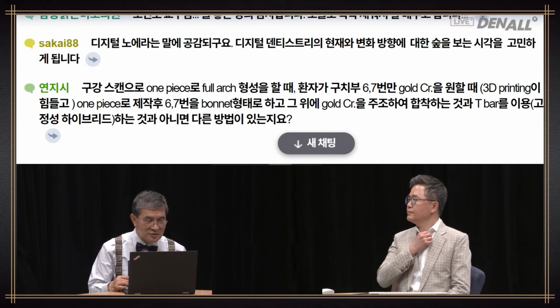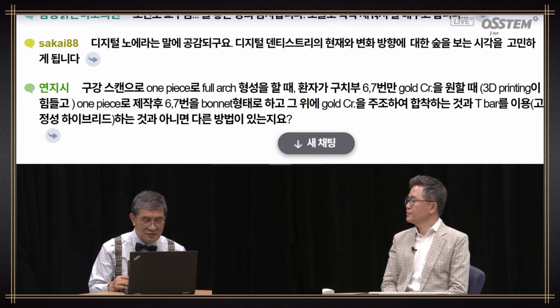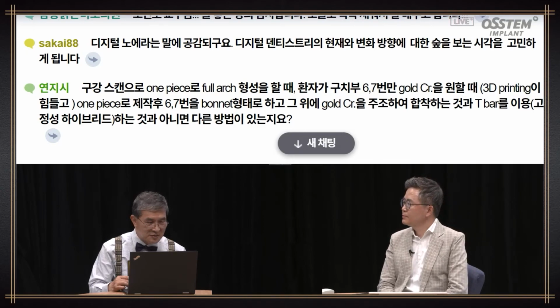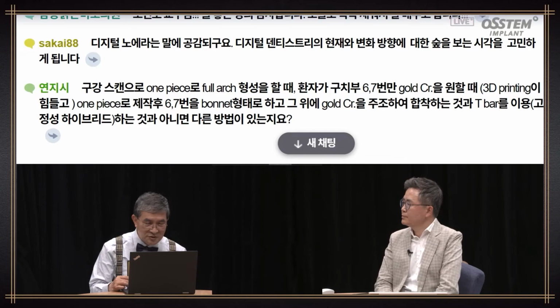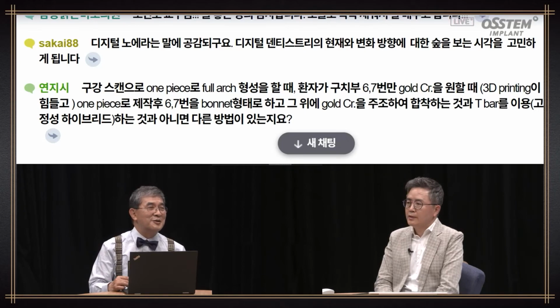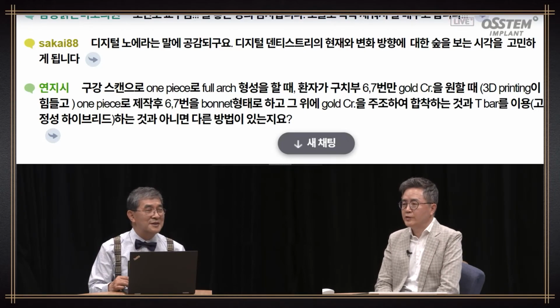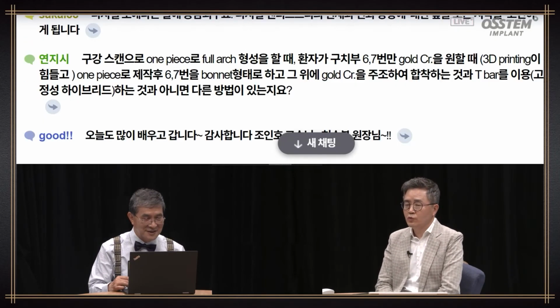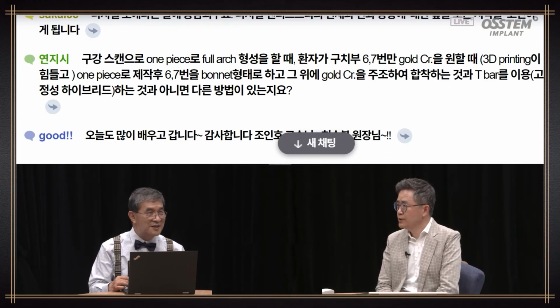ID Yeonji Shi: When I do a full arch one-piece scan, if 3D printing is difficult and the patient wants a gold crown on number 6 and 7 in the posterior side, should I make one piece and do a bonnet type in number 6 and 7 and cast the gold crown on top and cement it, or should I use a T-bar, a fixed hybrid? Or is there any other way? I think you have a lot of questions on the clinical side. I think you use it a lot.